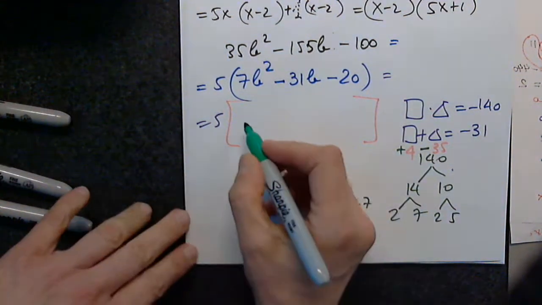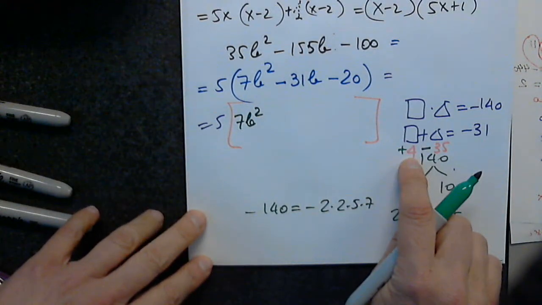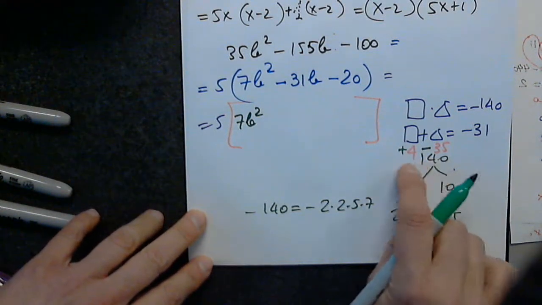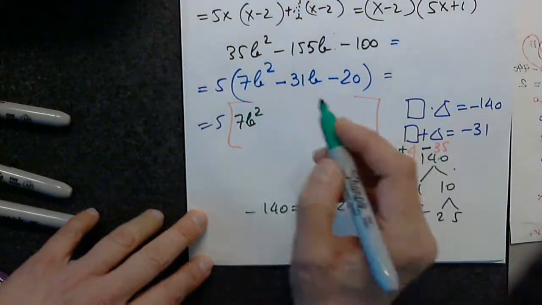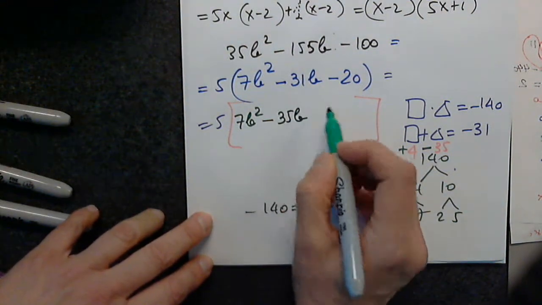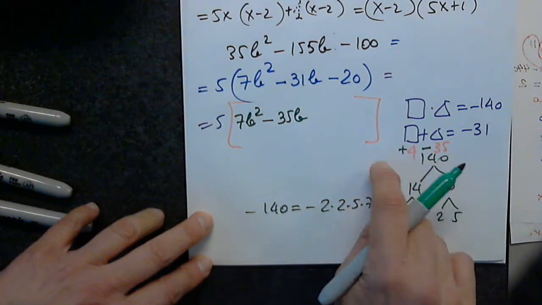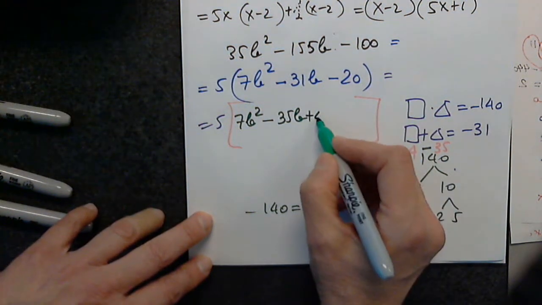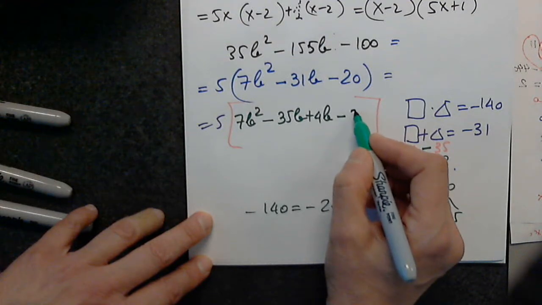So then I have 7b squared. And then minus 35b, plus 4b. It doesn't matter, you can choose the order. And this has to be positive 4b, minus 20. That's it.